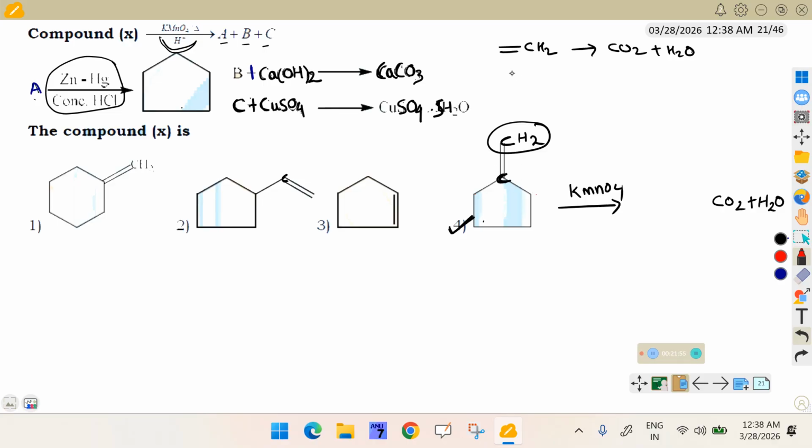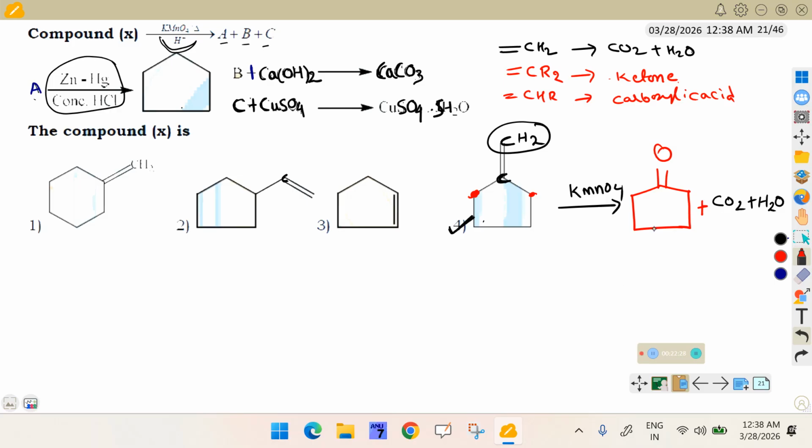That means this is a double bond CR2, because here one carbon, here one carbon, alkyl group, alkyl group. A double bond CR2 group is converted to ketone. If it is a double bond CHR group, it is converted to carboxylic acid. So it is converted to ketone, C double bond O, plus CO2 plus H2O.